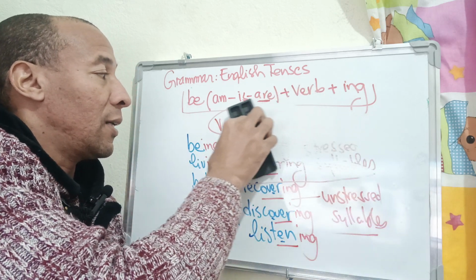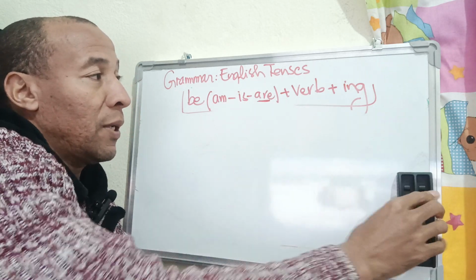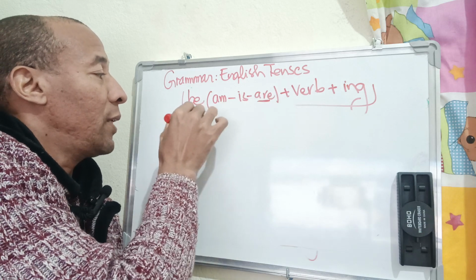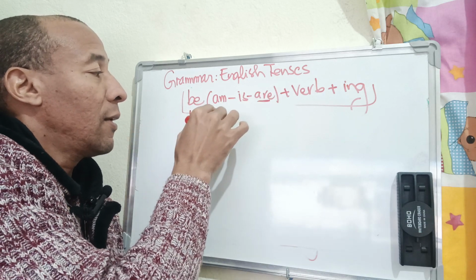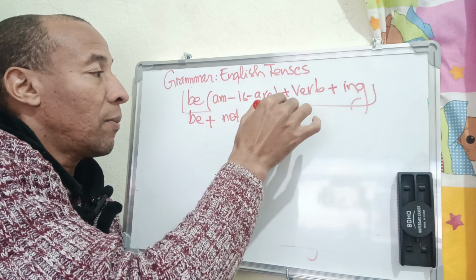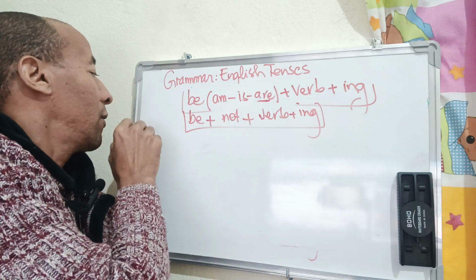بالنسبة للنيجاتيف راه ساهل كما درنا بالنسبة للبريزنت سيمبل. هنا I am so to be plus not plus verb plus ing. هذا بالنسبة للنيجاتيف.